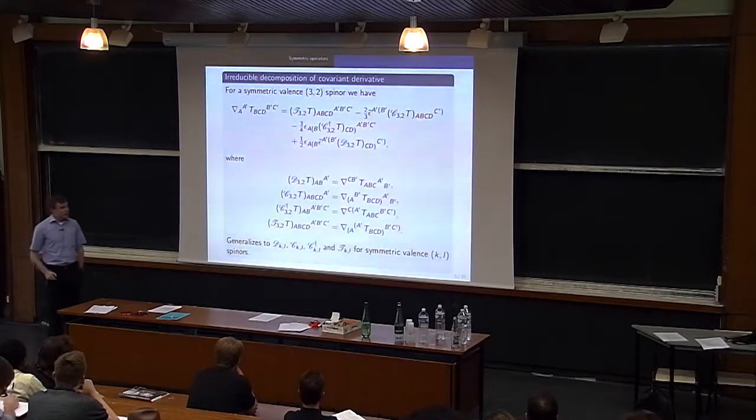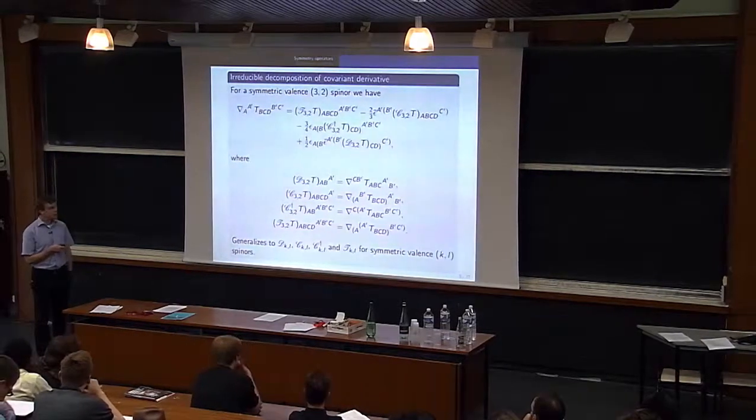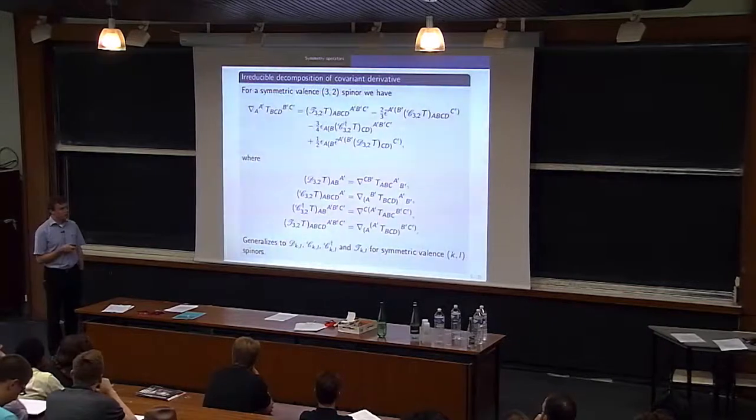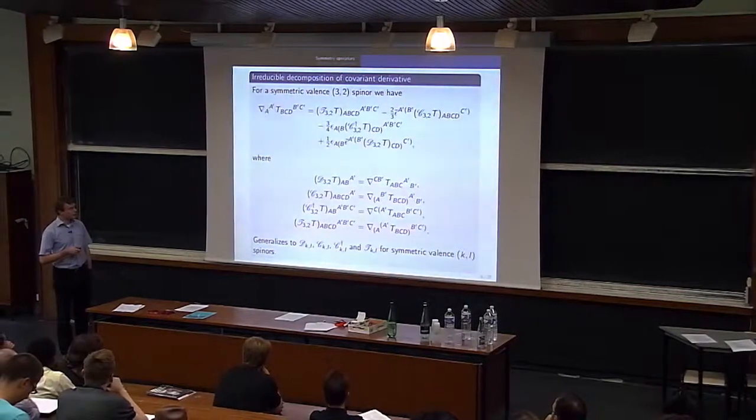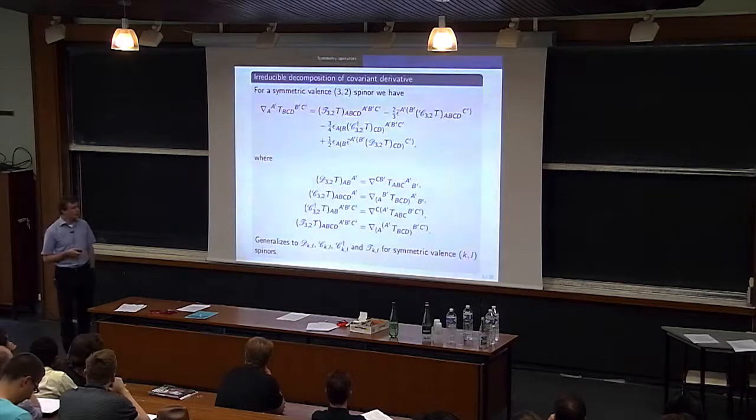And now, because we are only dealing with symmetric spinors, it also makes sense to split the covariant derivative of a symmetric spinor into these irreducible parts. Lars told you a little bit about this, but he didn't go into any detail. So this is how it works for, well, the example of a (3,2) spinor.